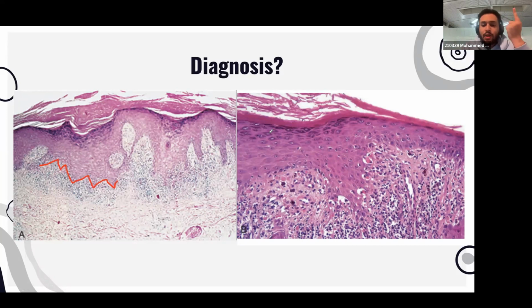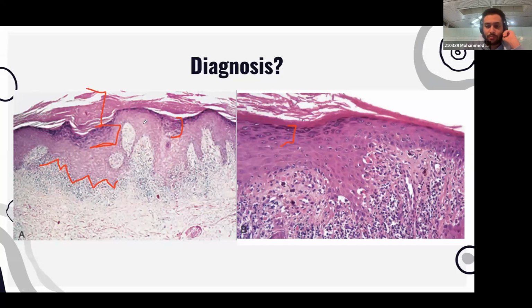But what are other findings you can see with this layer over here? The dark cells are hypergranulosis. Hypergranulosis. You can see that it's way bigger here. Way bigger. Okay. Hypergranulosis. And one other thing.